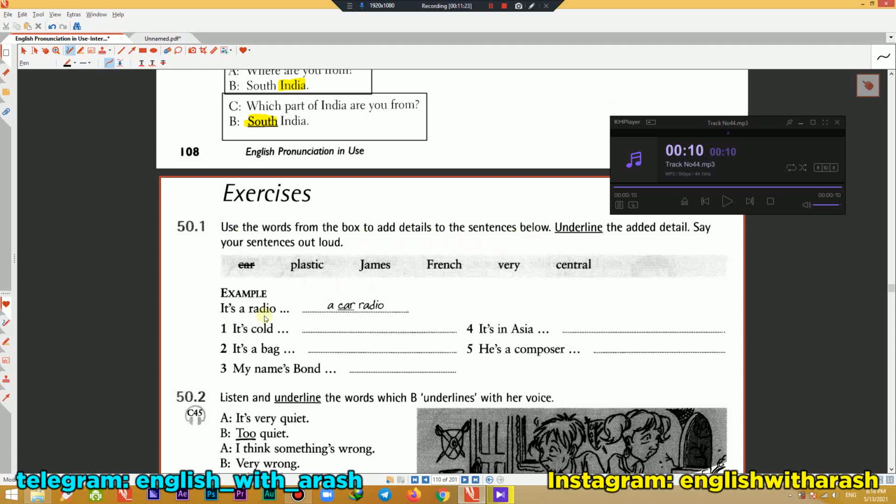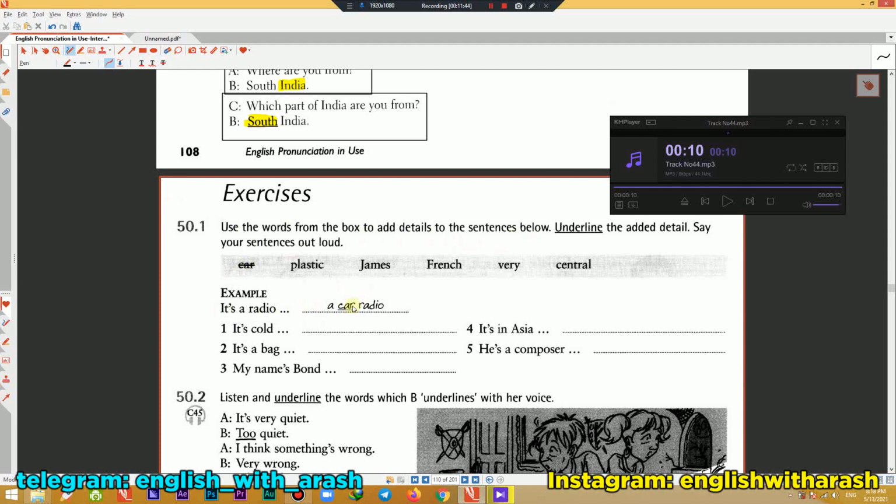For example, it's a radio. I can say it's a car radio, right? And I crossed car here. It's a radio, and then I say it's a car radio. And then I should pronounce my sentence out loud.